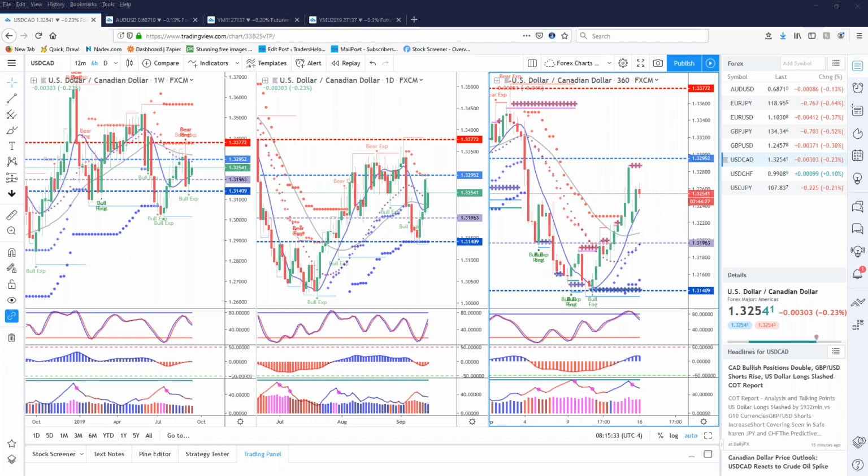And you can see on the daily, do you see how they have rejected this area right here between 33.43 and 33.47? You can even fine tune that over here on the 360 by looking at the pink and the plus signs, okay?